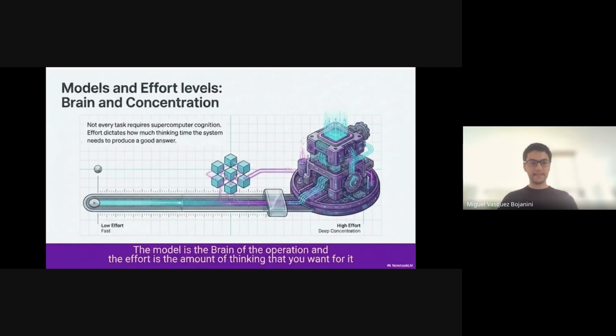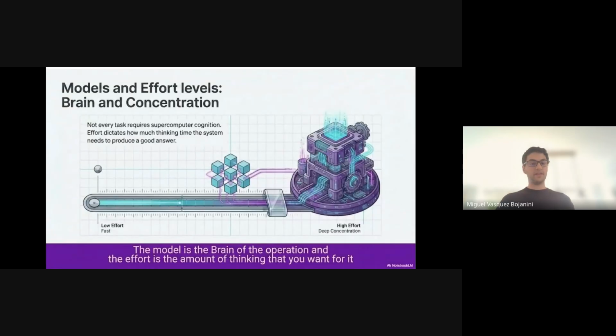Going again to the slides, we're going to talk about models and effort levels. We all know models. We know all the different models that the different providers offer and the different capacities that they have. Some are cheaper, some are more expensive, but most of us don't really understand the concept of effort. Effort is basically the amount of thinking that the AI is going to do while working on your response.